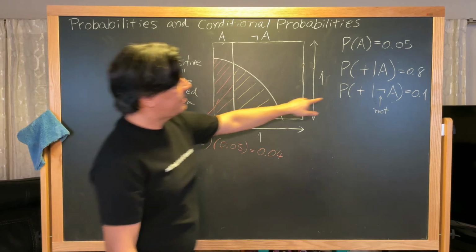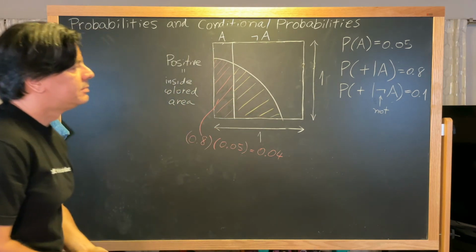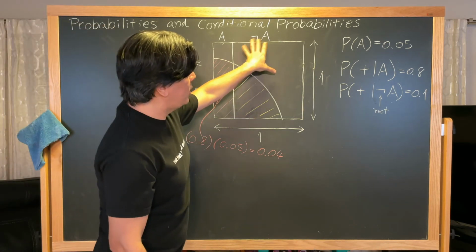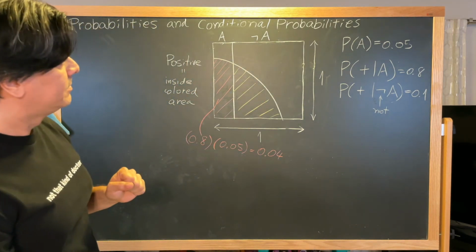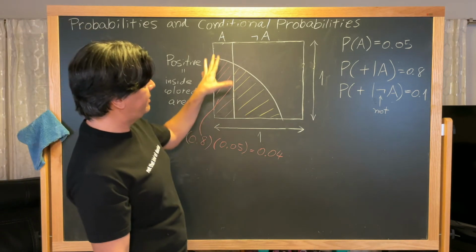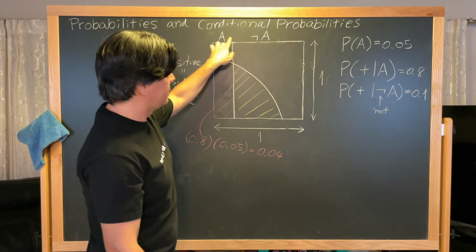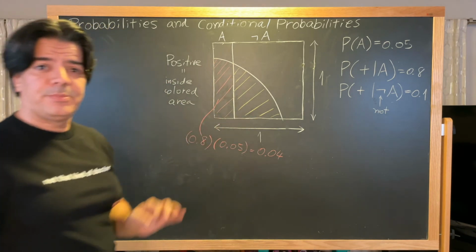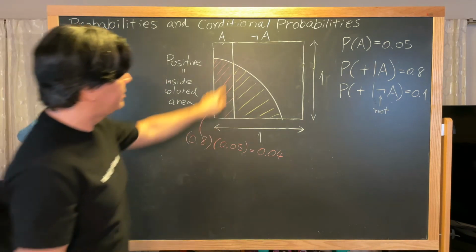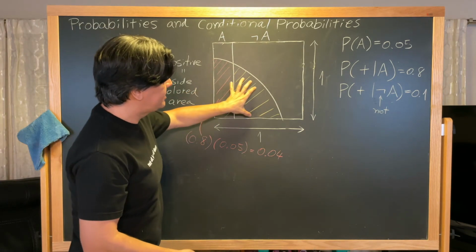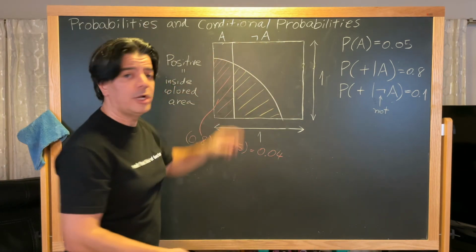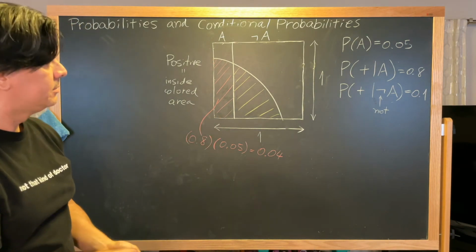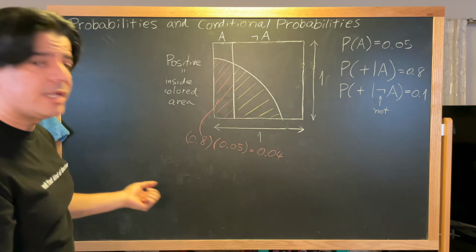And the next statement refers to the yellow part. If I shoot a dart and I tell you it fell in the not A area, and then I tell you that, given that it fell in this part, the likelihood that it fell in the yellow part is 10%, well, that is only possible if the yellow part is 10% of the total not A part, because these darts are being thrown at random, and they're equally likely to fall anywhere.